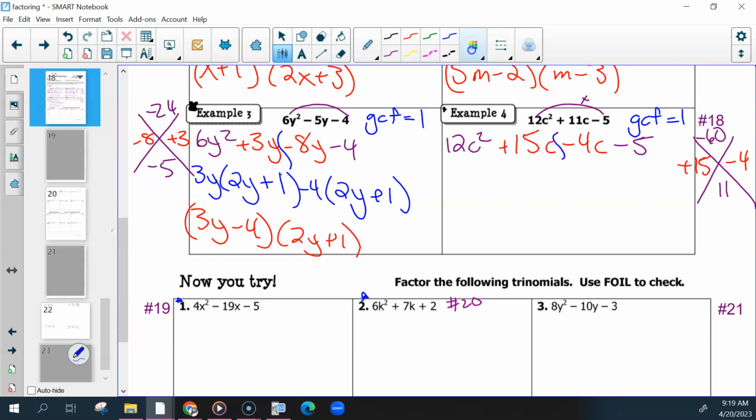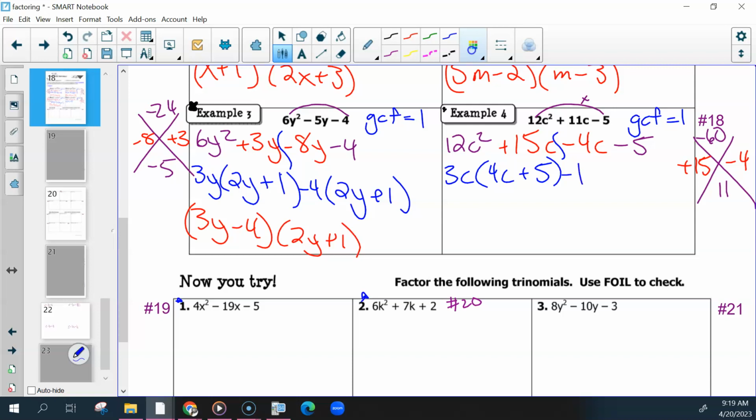What do the first two have in common? Three and any variables? C. If we divide out 3c, what's left? 4c plus 5. What could we divide out of the last two? 1, but it's negative because of the sign.